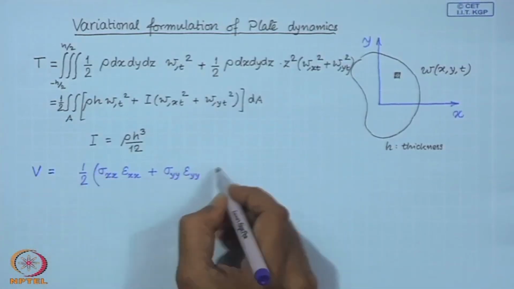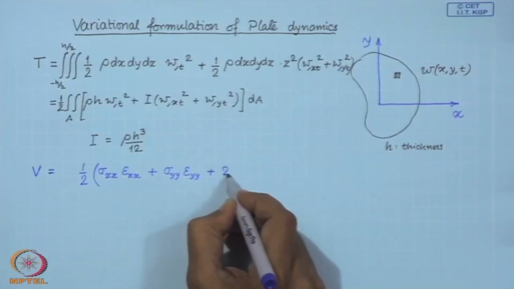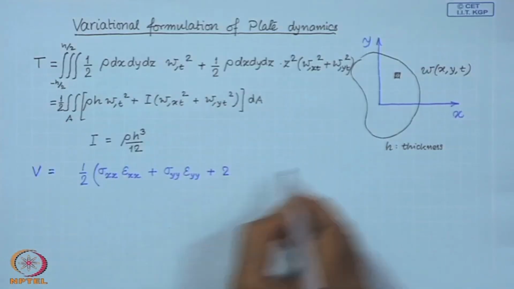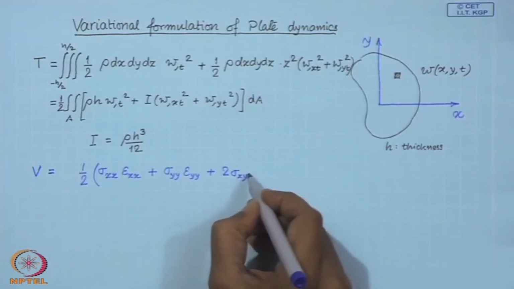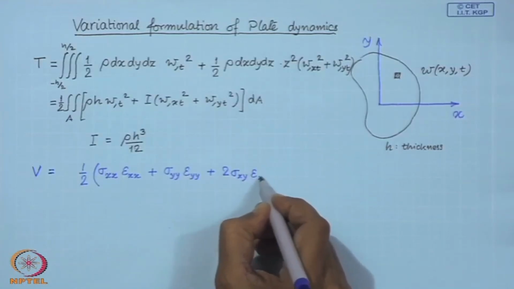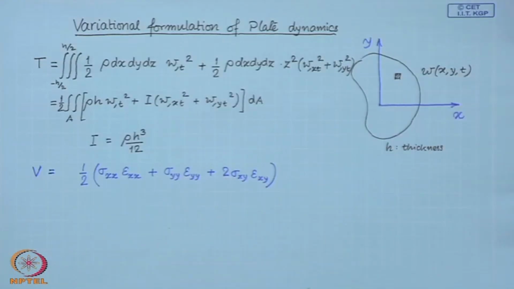and plus 2 times the in plane shear stress and the corresponding shear strain of the element. Now, this is per unit volume.